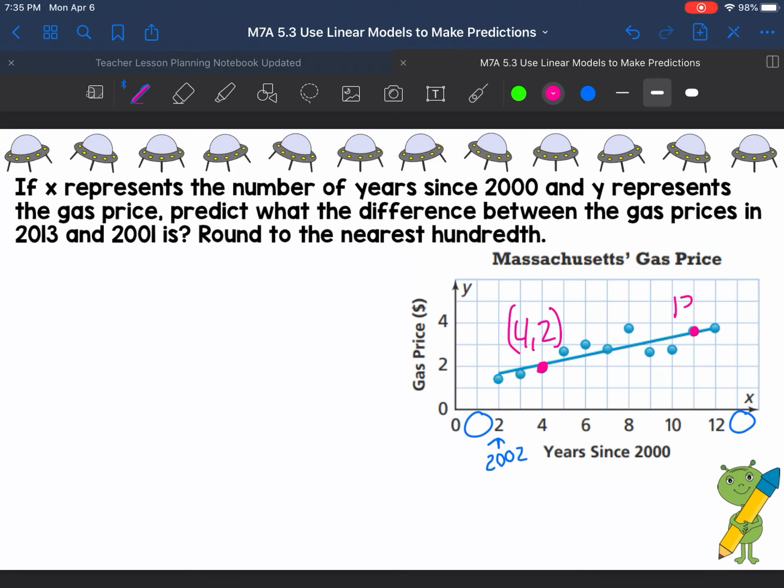And then I also have another pretty good one right here at 13. Oh, sorry, not 13. That's 11. We'll say this is 11 and this is 5.8.